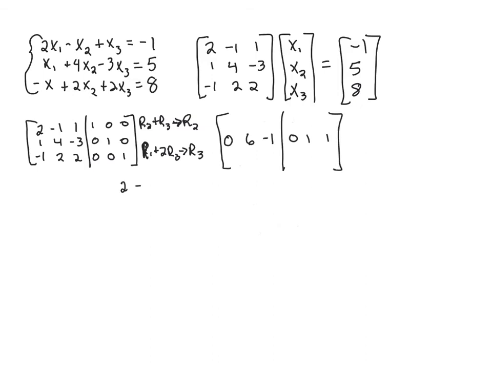Row 1 is 2, negative 1, 1, 1, 0, 0. Double row 3 is negative 2, 4, 4, 0, 0, 2. Combine, I get 0, 3, 5, 1, 0, 2. Row 1 stays the same.